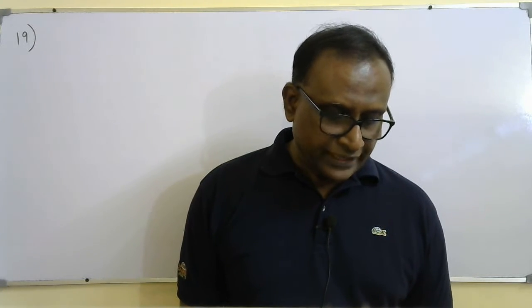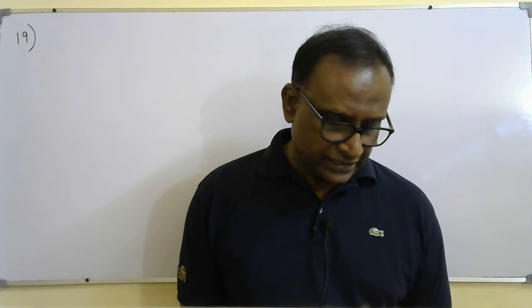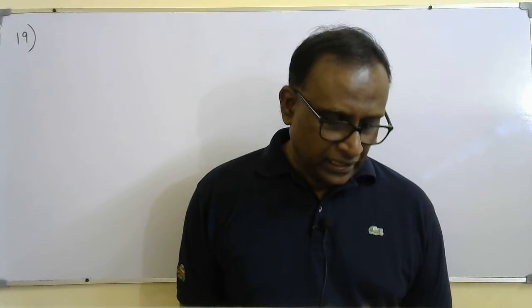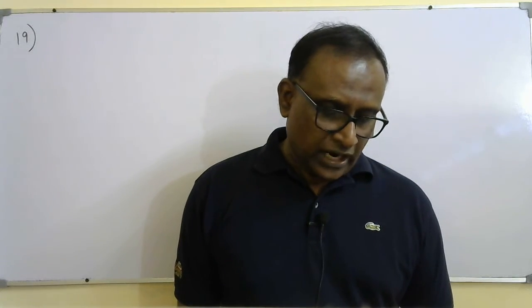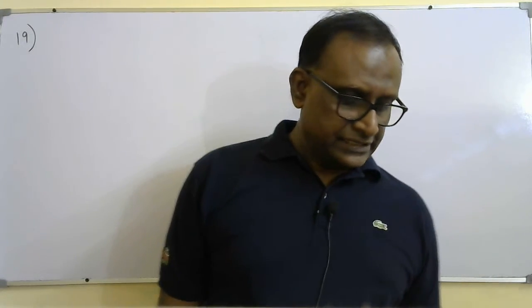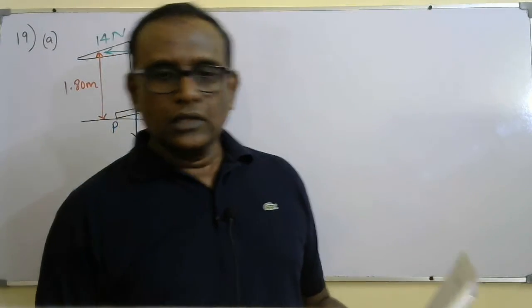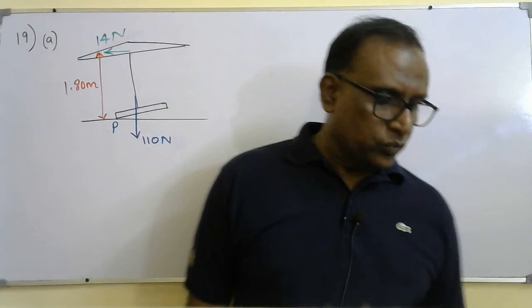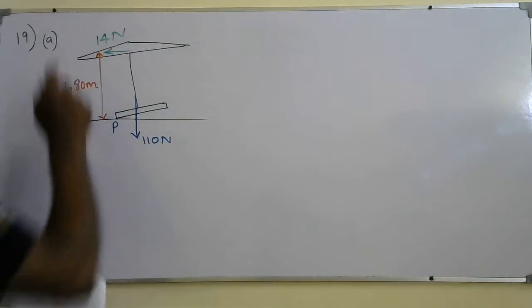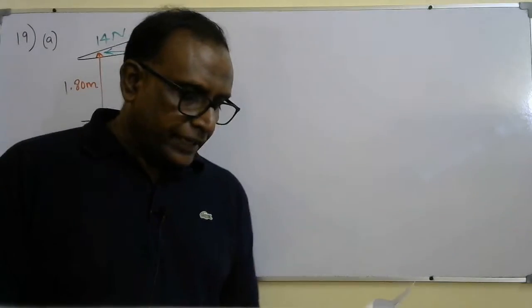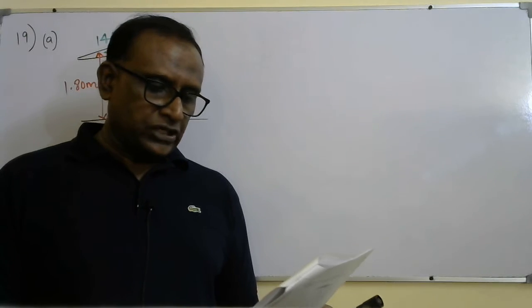The force of the wind is 40 Newton in a horizontal direction. Explain why it will topple. Your answer should include a calculation. So there it's given the diagram.